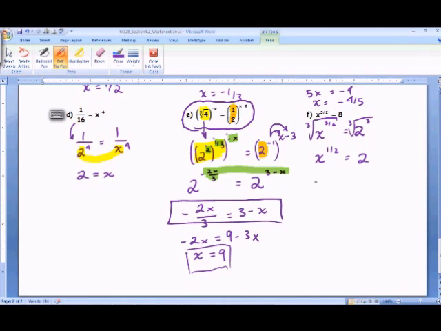Another way to think about that is root x equals 2. So therefore, x is equal to 4. There's other ways you can solve that. There's other techniques we'll talk about when we get back to class and we're all together again. But I think that's a nice way to do it.